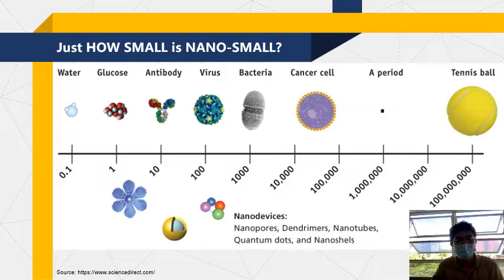A virus is 100 nanometers. A bacteria is 1,000. A cancer cell is 10,000. A period, the period that you wrote using your pen, would be 1 million nanometers in size. And then a tennis ball is 100 million nanometers in size.